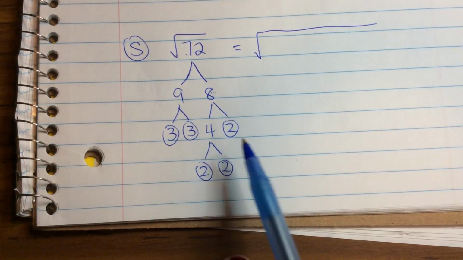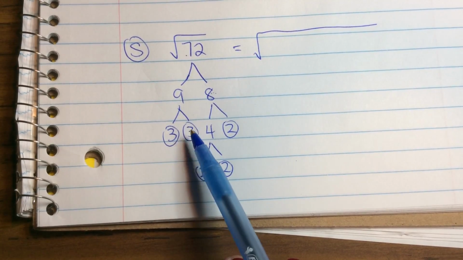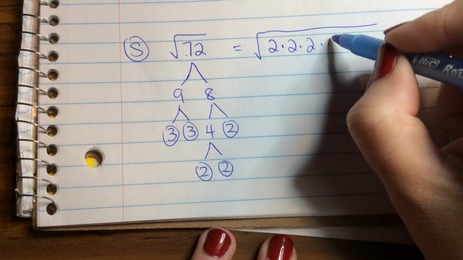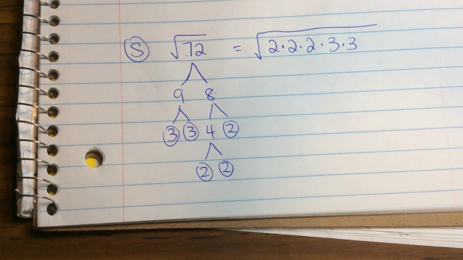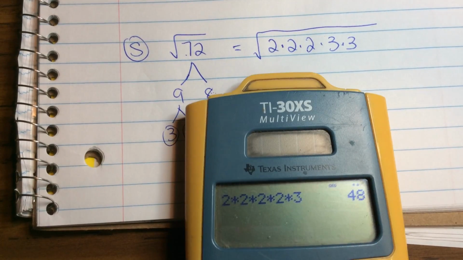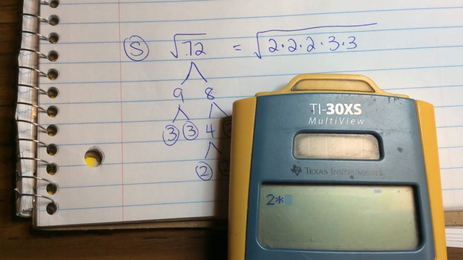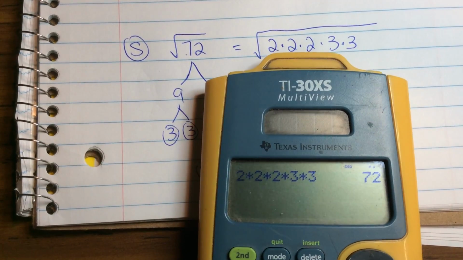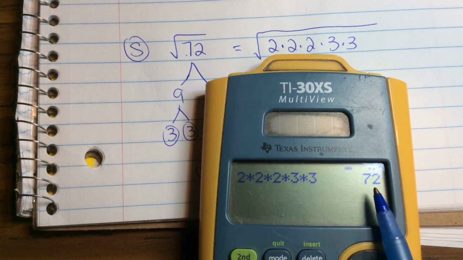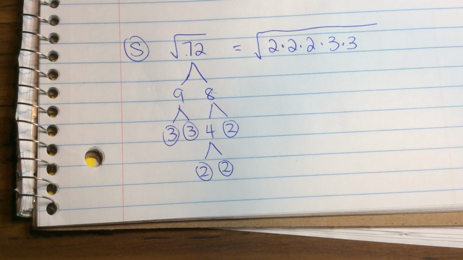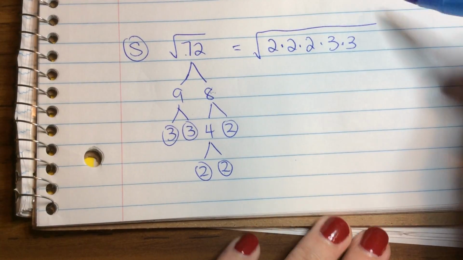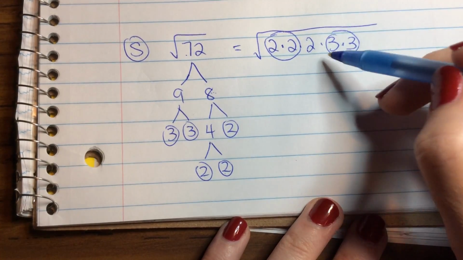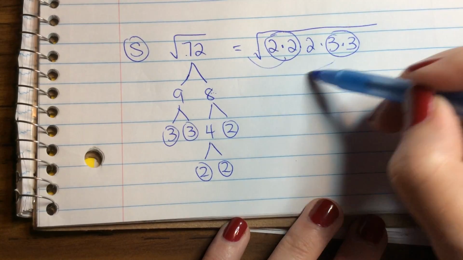So let's see what we really have here. We have three 2s and two 3s. So let's make sure we're right here. We'll check ourselves. So 2 times 2 times 2 times 3 times 3. And it does equal 72, yep. Okay, we're good. And we're looking for pairs. So I have a pair of 2s and I have a pair of 3s. So they're going to come out front.